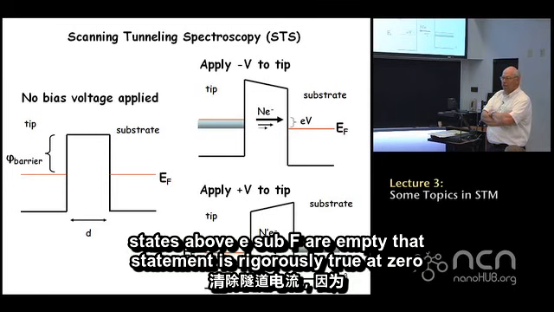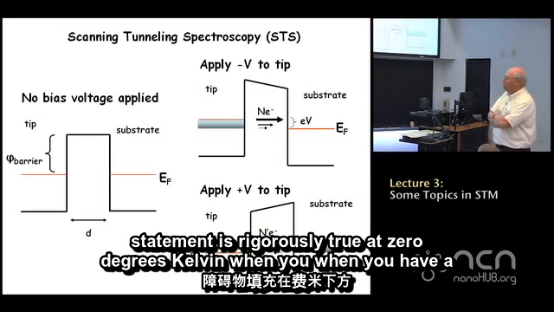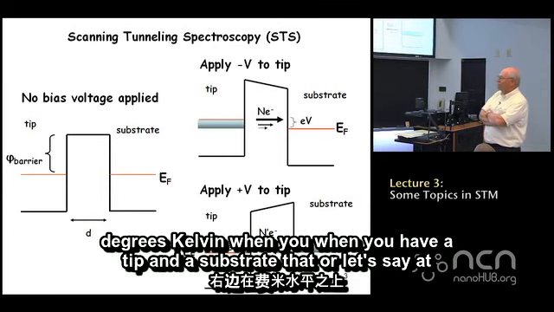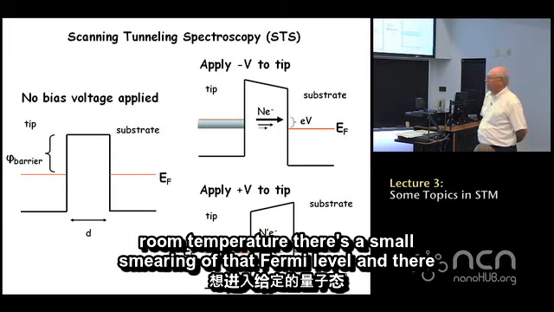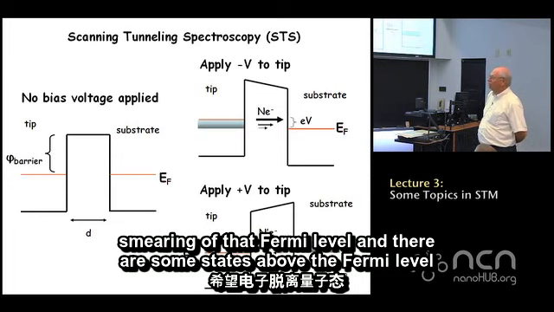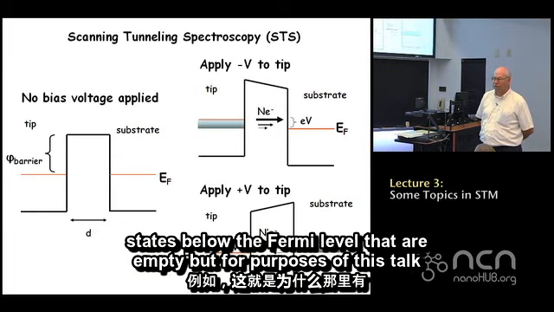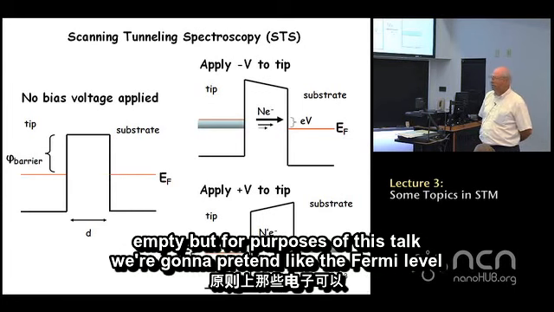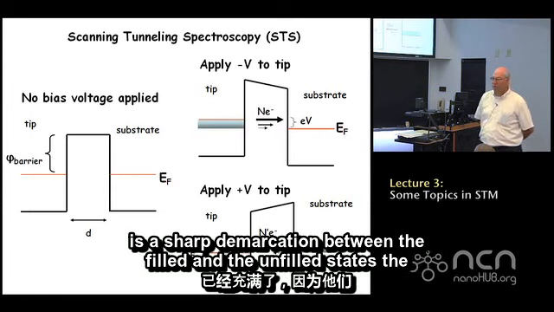That statement is rigorously true at 0 degrees Kelvin. When you have a tip and a substrate at, let's say, room temperature, there's a small smearing of that Fermi level. There are some states above the Fermi level that are filled, and some states below the Fermi level that are empty. But for the purposes of this talk, we're going to pretend the Fermi level is a sharp demarcation between the filled and the unfilled states.